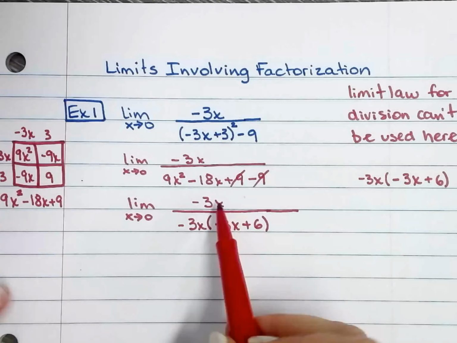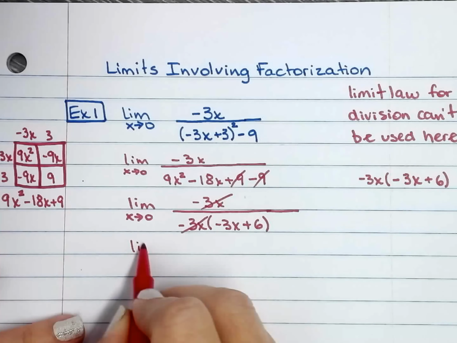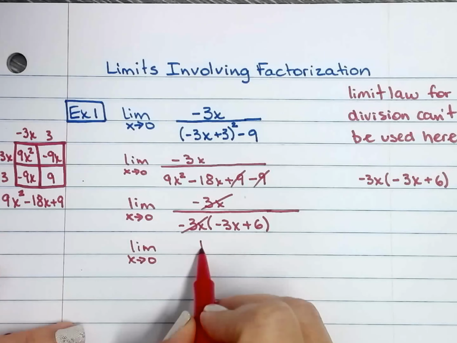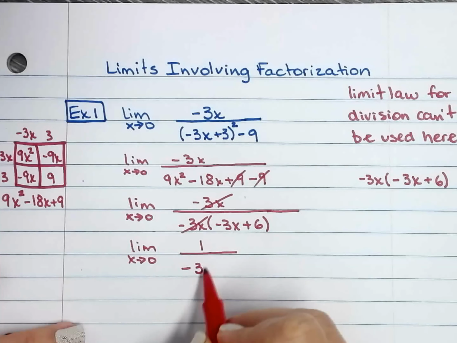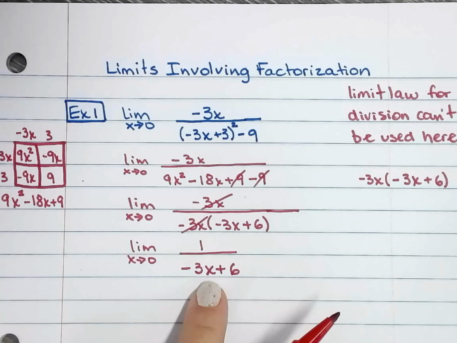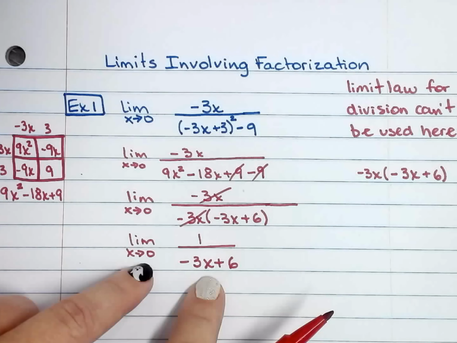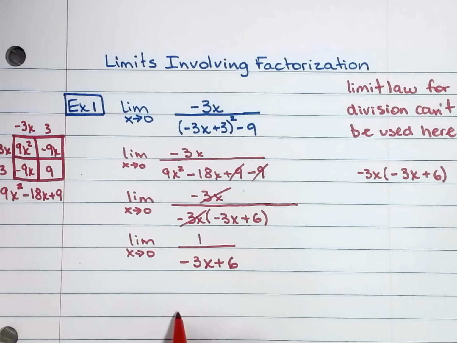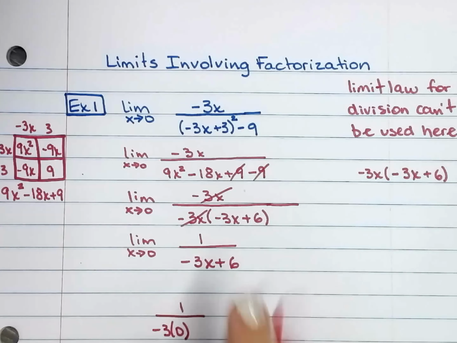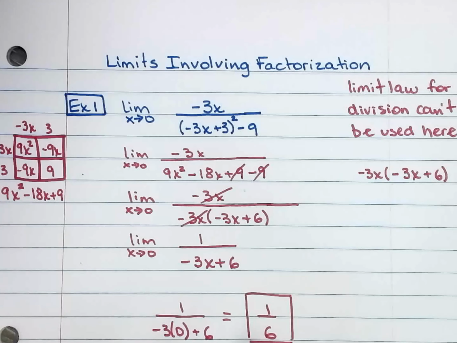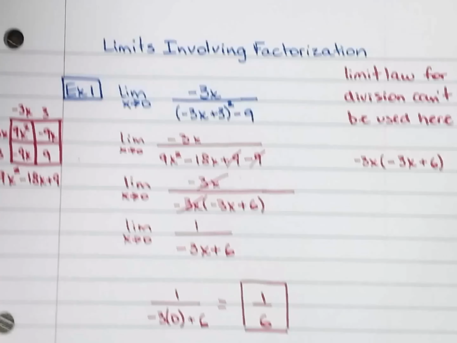All right, now I can simplify. I have the limit as x approaches 0 of 1 over negative 3x plus 6. At this time, I can do direct substitution, and it will not give me 0 in the denominator. So that's what we're going to do. 1 over negative 3, substituting 0 for x, plus 6. That will give me 1 over 6 as my answer.